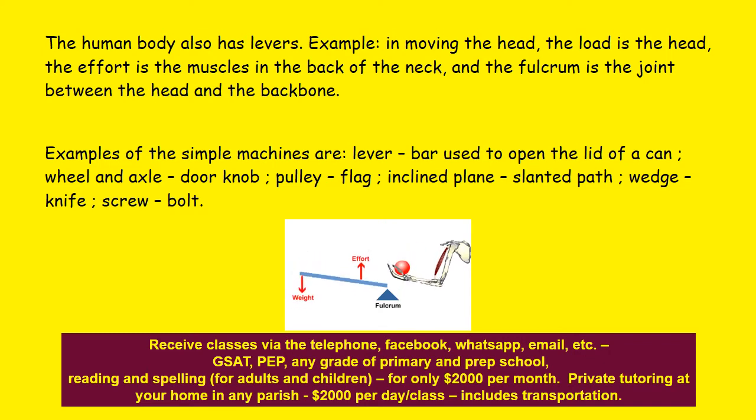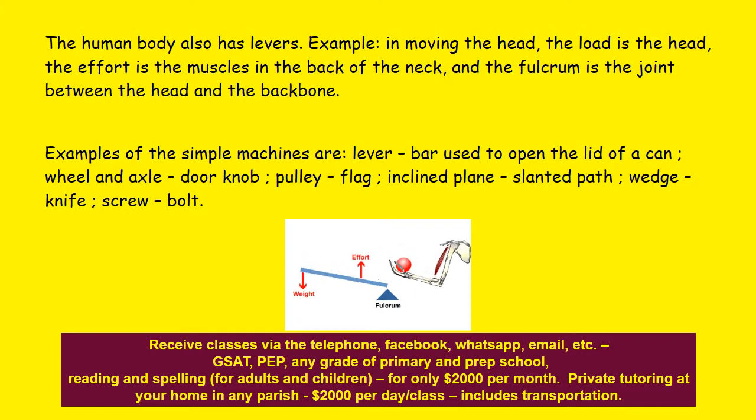Okay, examples of simple machines. You have a lever. A bar would be like a stick. An example of a lever is a bar that is used to open the cover of a can, the lid of a can. If you use something to help you open the can, that would be a lever. You have a wheel and axle, the doorknob, where you turn the door. The pulley, a flag.